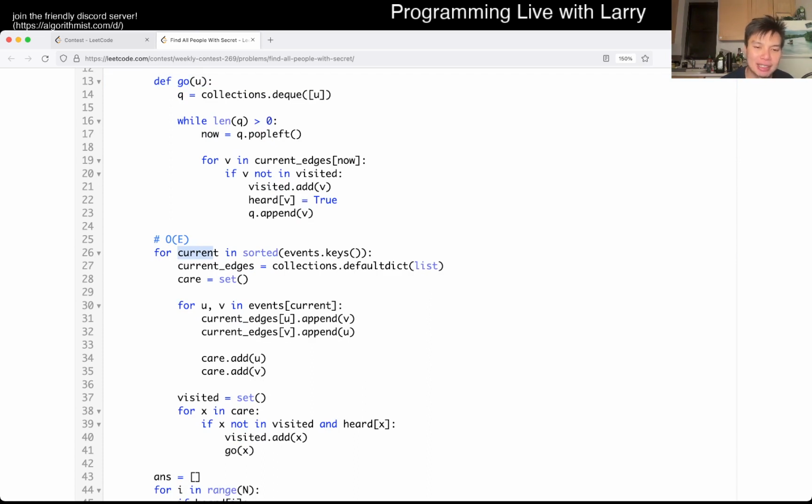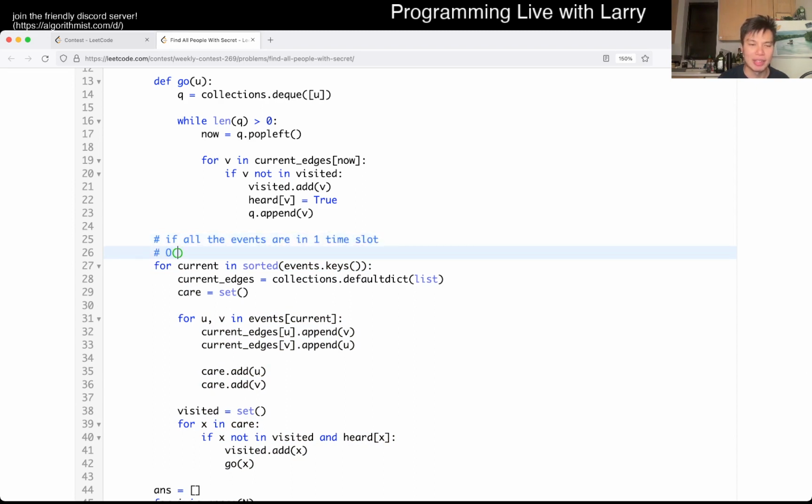If all the edges are in one time slot, then this complexity is going to be linear, because then the queue would have n items, say, but this will only have one iteration of n items, and this is O of n because this is just breadth first search. So yeah, if all the events are in one time slot, this is O of n.